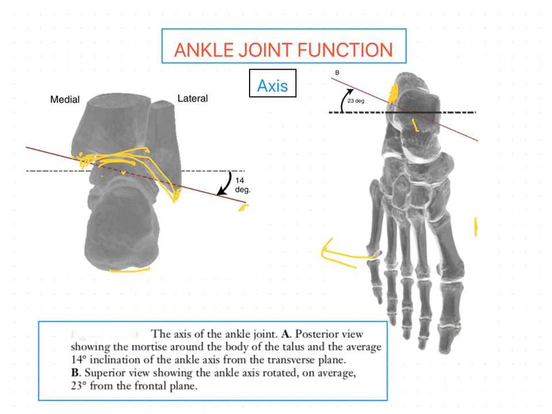These studies show that dorsiflexion of the foot around a typically inclined ankle axis will not only bring the foot up but also simultaneously bring it lateral to the leg.